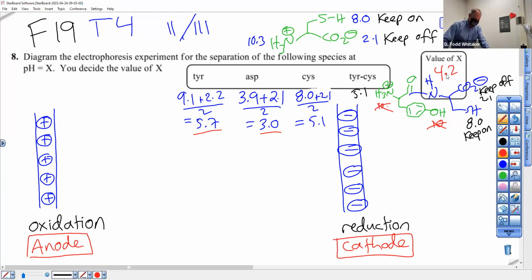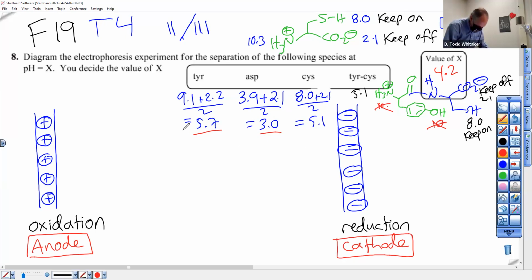Okay. Now, how far away from 4.2 is 5.7? That's the biggest difference. So if your pH is 4.2 and your PI is 5.7, do you start feeling like a cation or an anion? pH low puts protons onto things, and low means lower than 5.7. It's getting to be positive. Which way is it going? To the negative, and it's the one that will move the farthest because that's the furthest from 4.2.